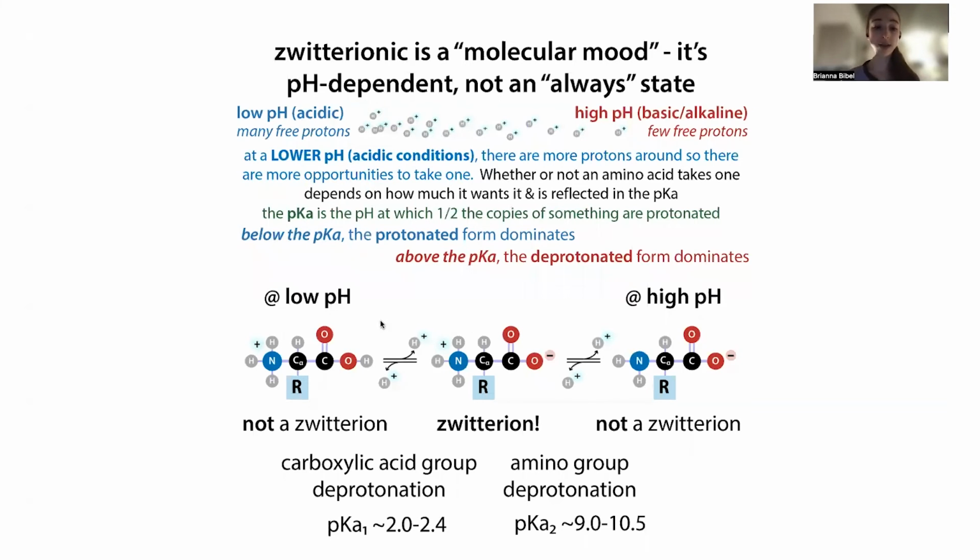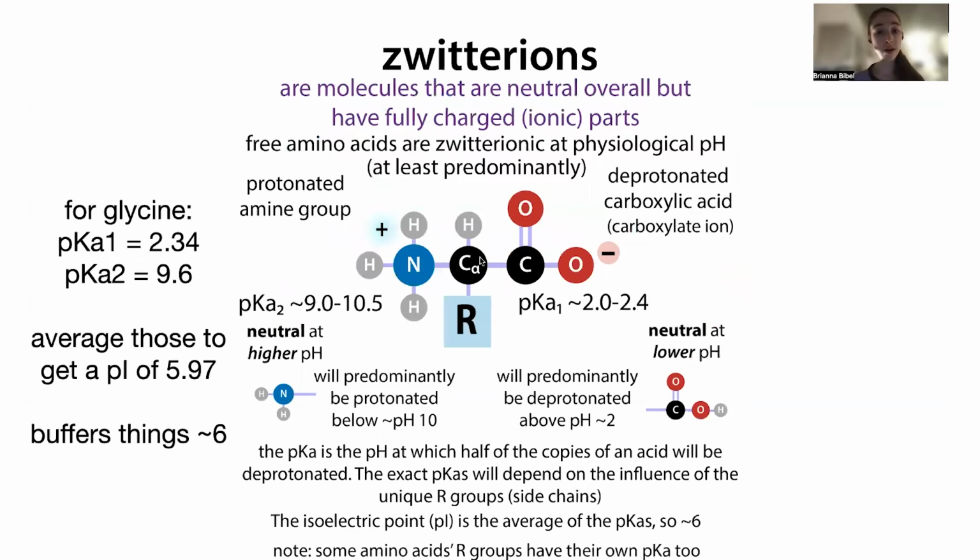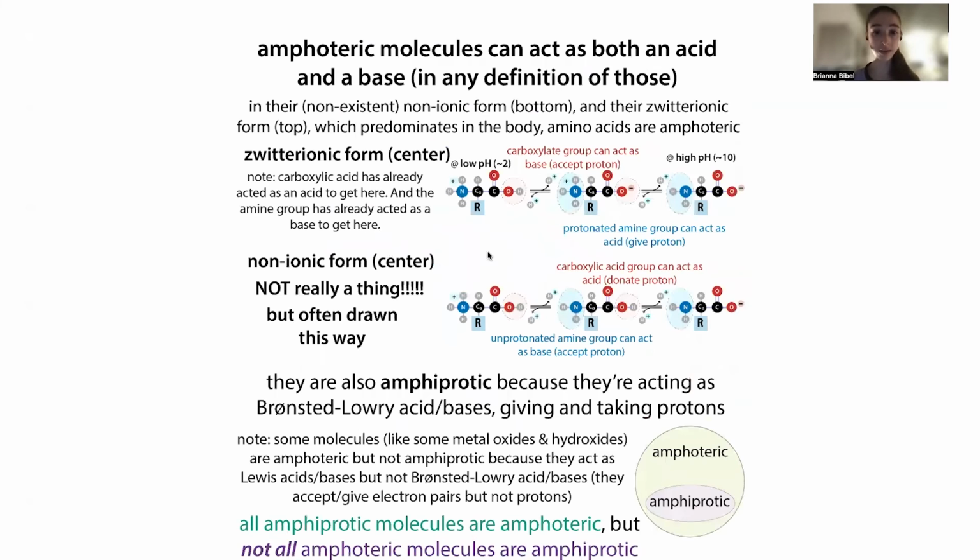What happens is this amino group and this carboxyl group can give and take protons. And so you get this situation where you're going to have this amino group that we often draw in this state where it has no charge. This is not a realistic thing. This is just how it's often drawn.